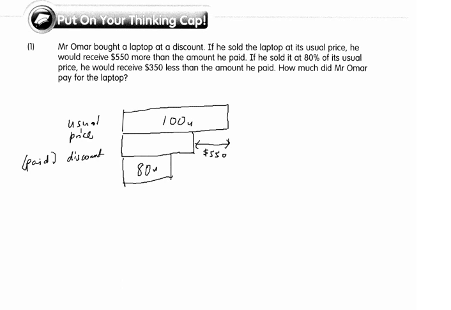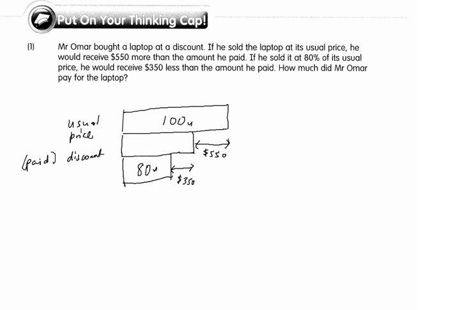If you sold it at 80% of usual price, he will receive $350 less than the amount he paid. It's about breaking it sentence by sentence and understanding the question. Looking at the model is simple, right? But do you all understand the question so far? Who cannot understand the question? Leroy, can you understand the question? Why am I drawing it this way?